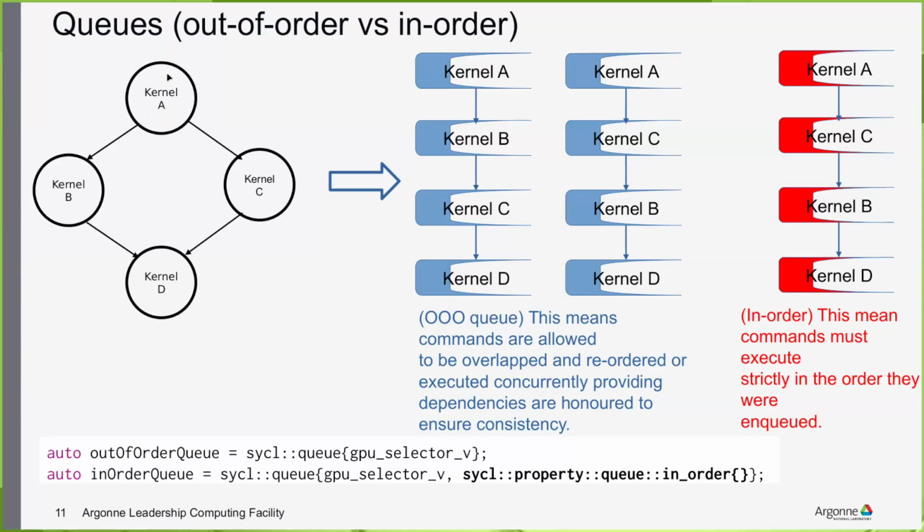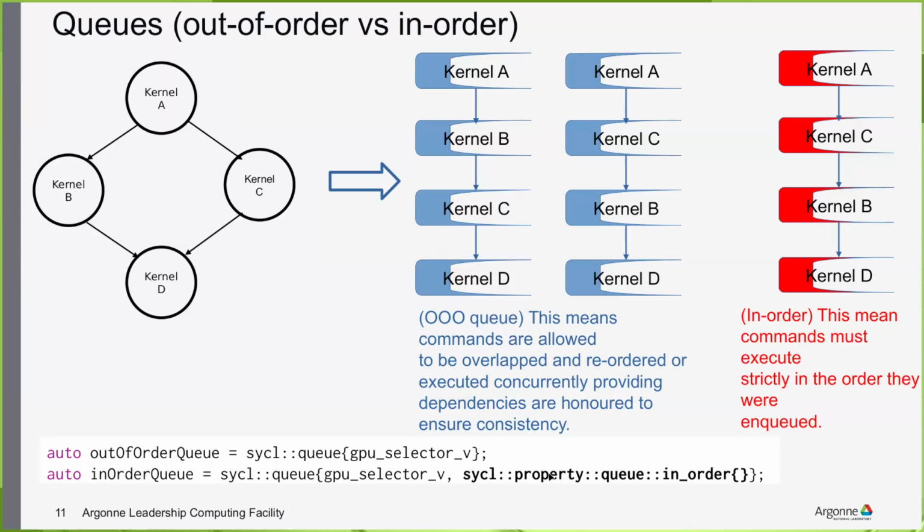Let's say you first submitted kernel A, it gets executed first, then B, then C, and D. It just depends upon the order you submit your kernels, and that's the same order in which they get executed with the in-order property. So those are the simple differences between an out-of-order queue and an in-order queue. If you're porting from CUDA to SYCL, I would pay attention to how my queue gets created.